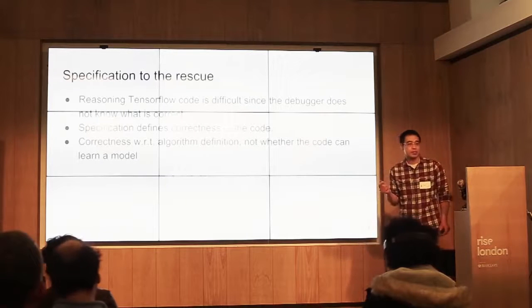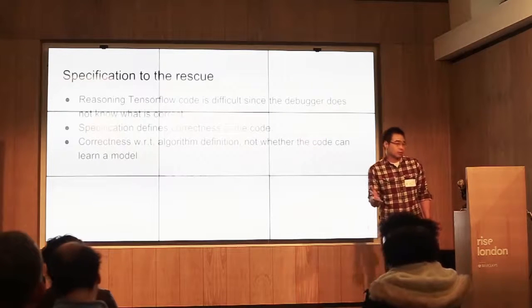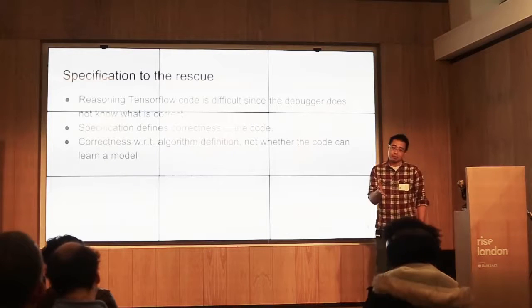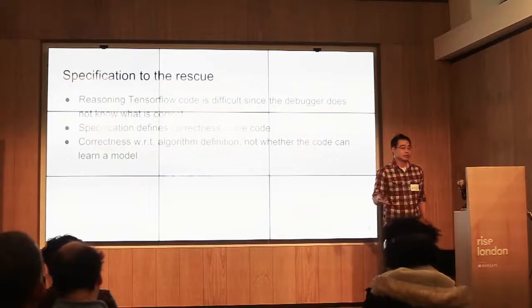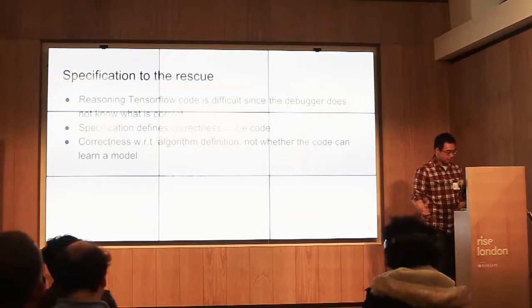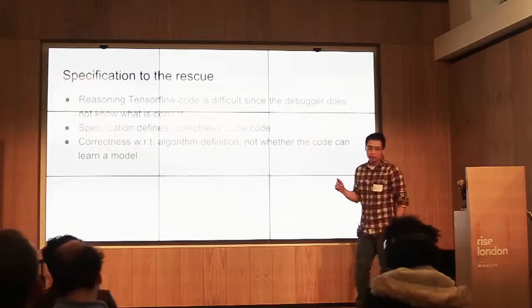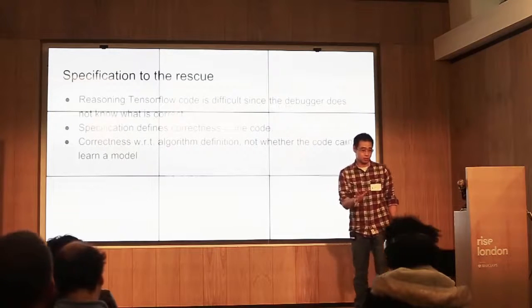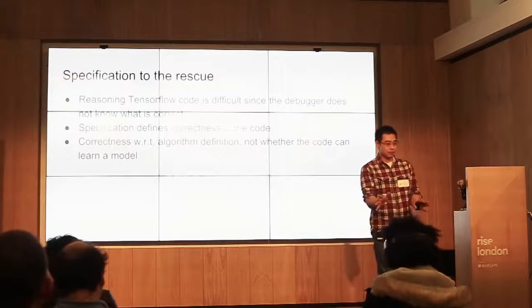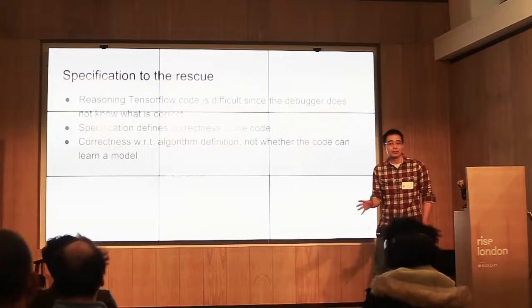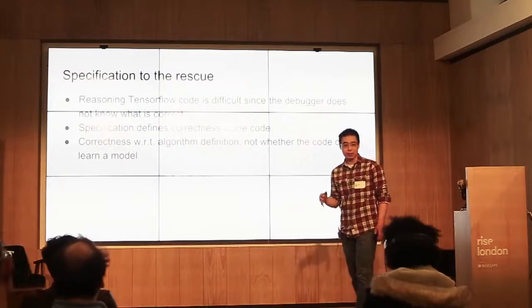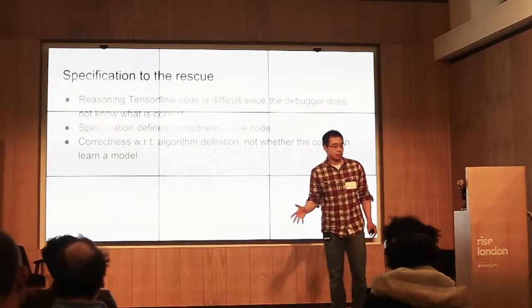A specification defines what the code is supposed to do, and your implementation describes how to actually do it. Now, I have to make clear that specifications define the correctness with respect to the algorithm, usually from a research paper. It does not describe whether your code can learn a meaningful model.